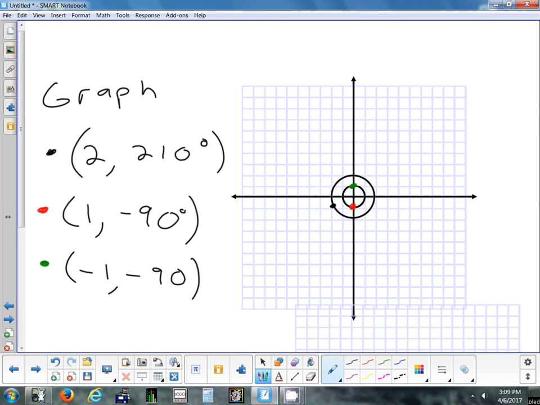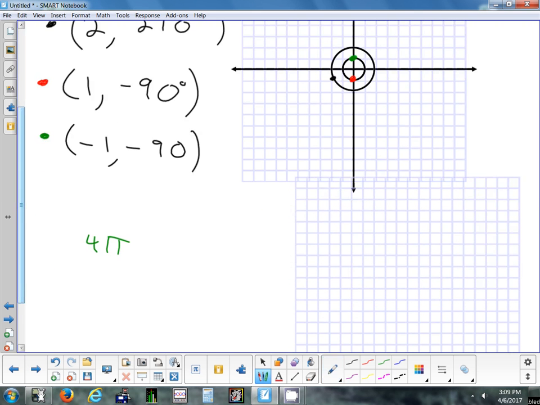And you could also have the same thing in radians. If radians confuse you, you can always change radians to degrees. What if you had an angle of 4 pi over 3? How do you convert that to degrees?